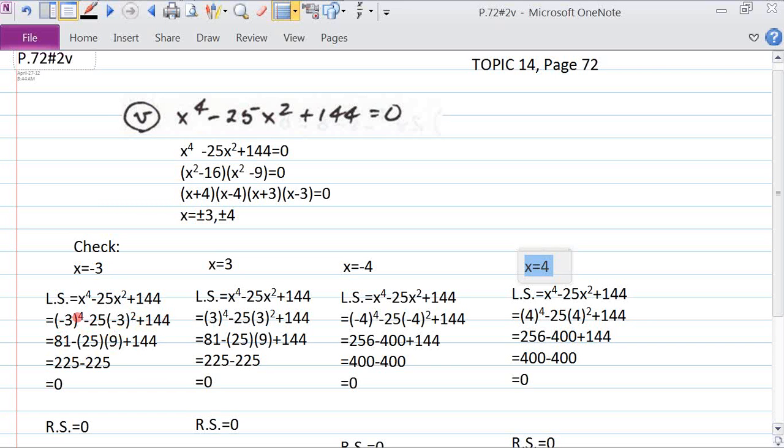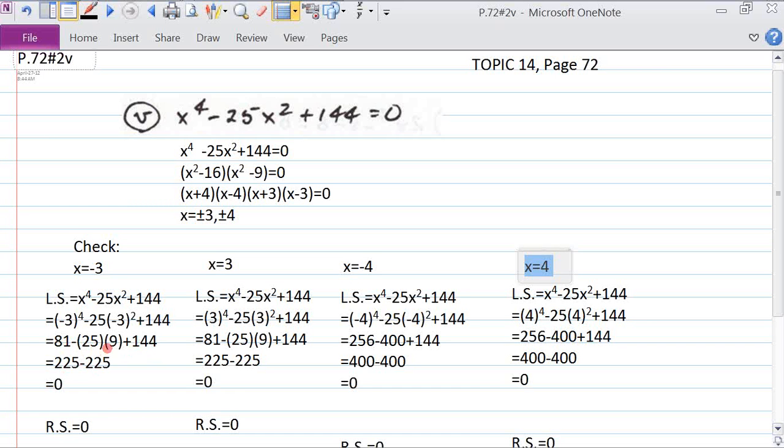So 3 to the 4th power means you multiply 3 by itself 4 times. 3 times 3 times 3 times 3 gives you 81. Minus 3 squared is plus 9. Plus 9 times minus 25 is minus 225. And so what you get here is 81, and 144 will give you 225.